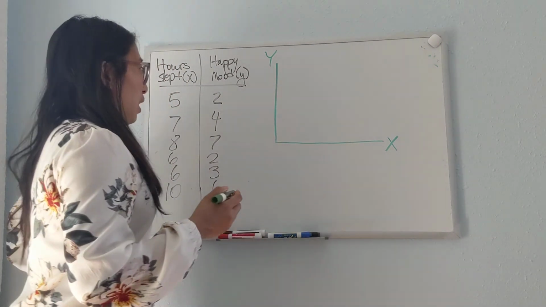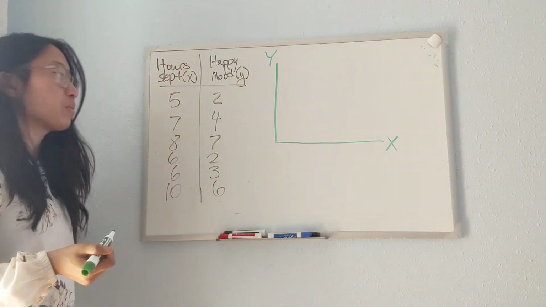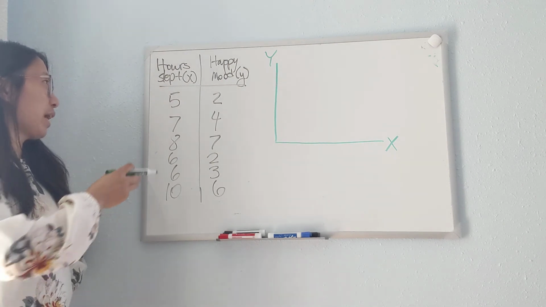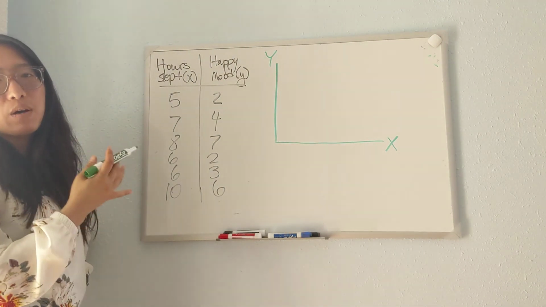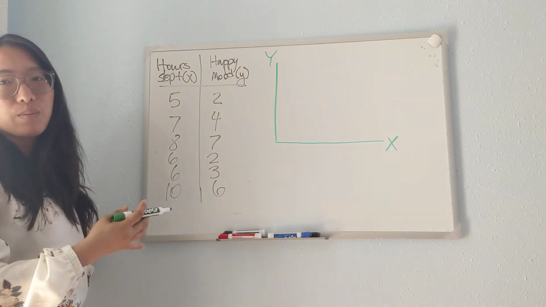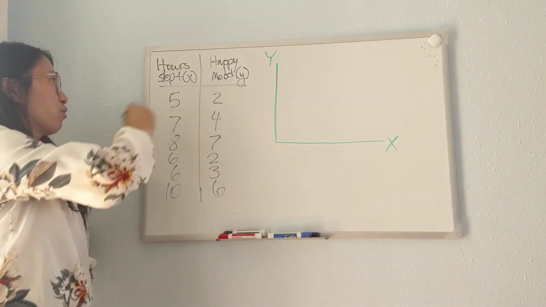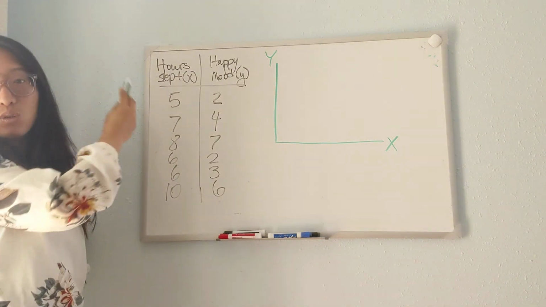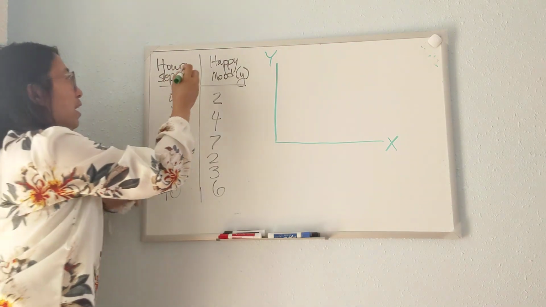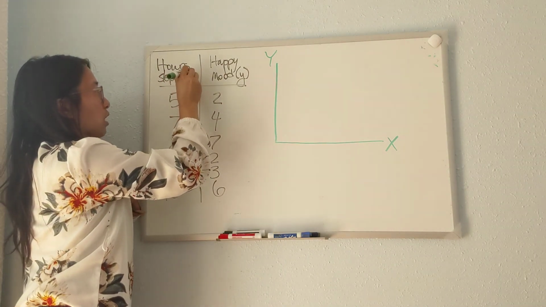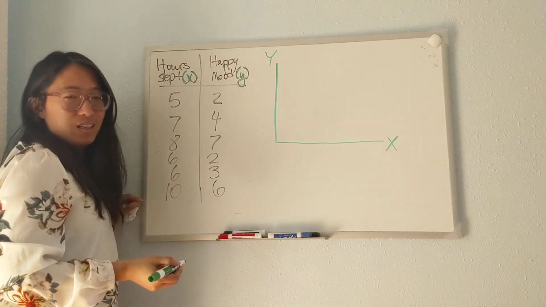In your book, I took this example directly from your book, it talks about hours of sleep and happy mood. How are hours of sleep and happy mood related? For each individual, they got an x coordinate and a y coordinate. The x coordinate is hours slept, and the y coordinate is happy mood.